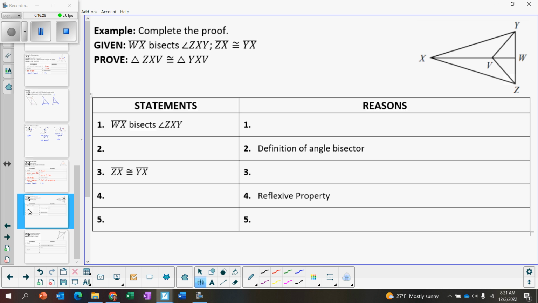All right, so our next one, we are given that WX bisects the angle VXY. So what it means to bisect an angle is two congruent pieces. So by the definition of angle bisector, we can say that angle VXW is congruent to angle YXW.